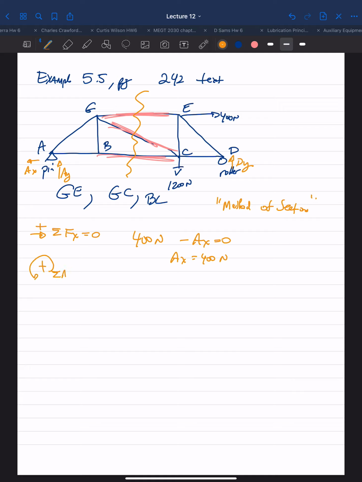Take the sum of my moments about point A equals 0. You have your minus 1200 newtons times the perpendicular distance, which is 8 meters.